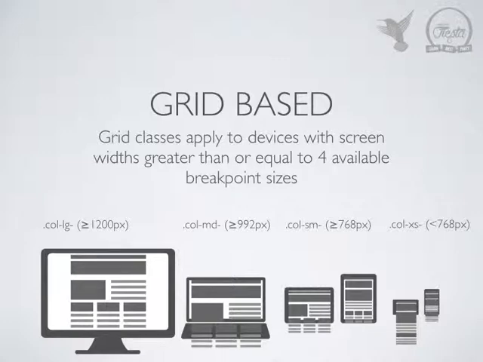The ones that have LG in the middle of the class name will target devices whose resolution is higher than 1200 pixels. Col-md covers 999, including 999. SM, or small, is going to target tablets.